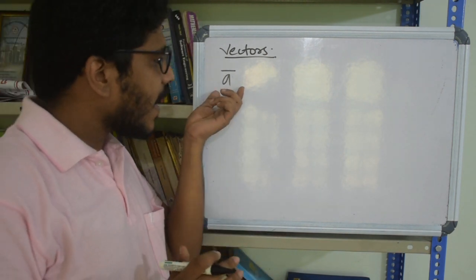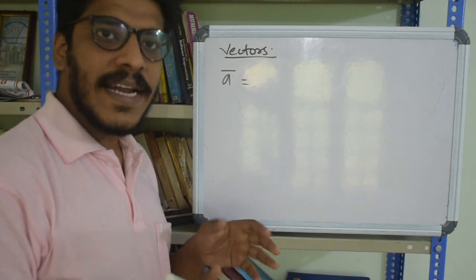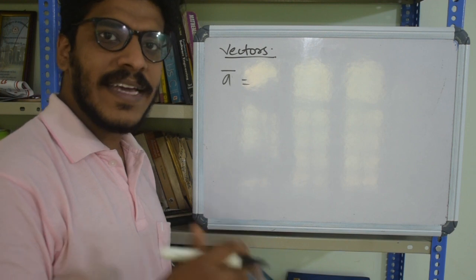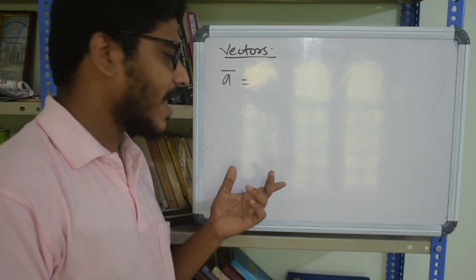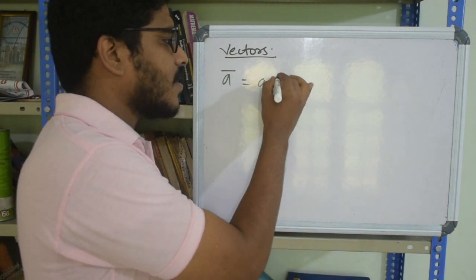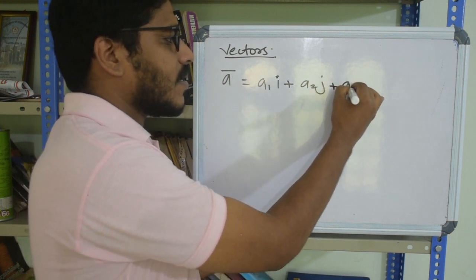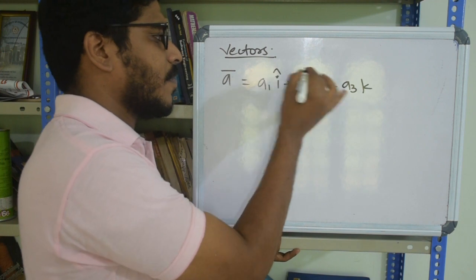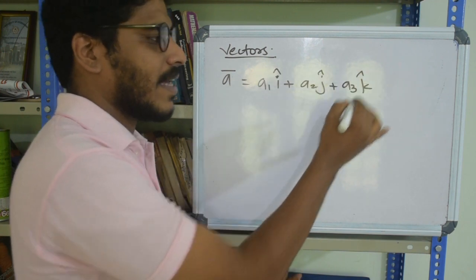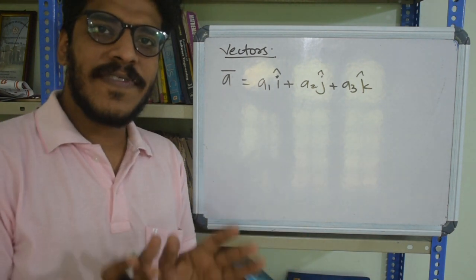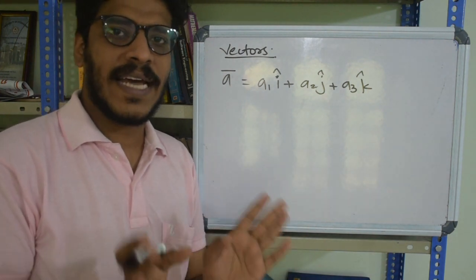And if A is a vector in 3 dimensions, we used unit vectors i, j and k to denote the vector A as a1i plus a2j plus a3k. Sometimes we may use i cap, j cap and k cap, where i, j and k are unit vectors in the direction of the coordinate axes.